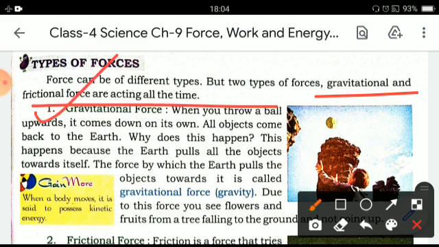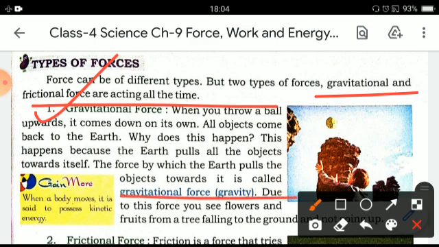When you throw a ball upward, it comes down on the earth on its own, and all the objects come back to the earth. Why does this happen? This happens because the earth pulls all the objects towards itself. The force by which the earth pulls its objects towards itself is called gravitational force or gravity.